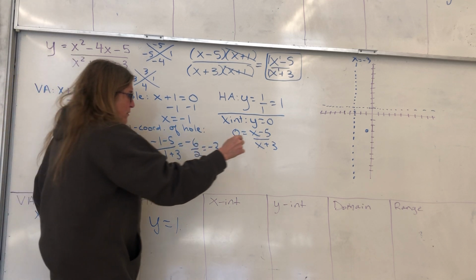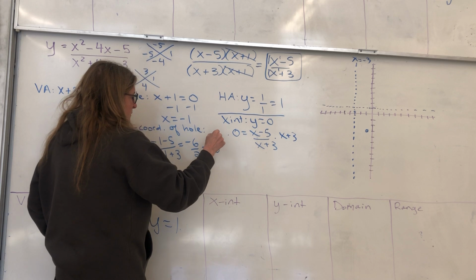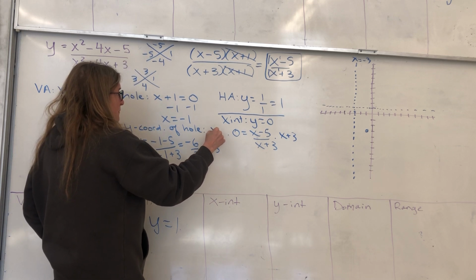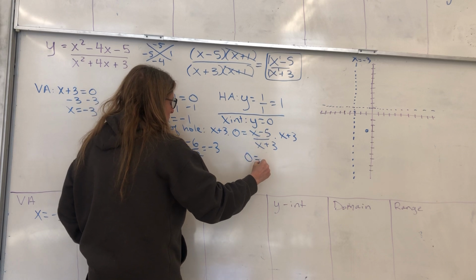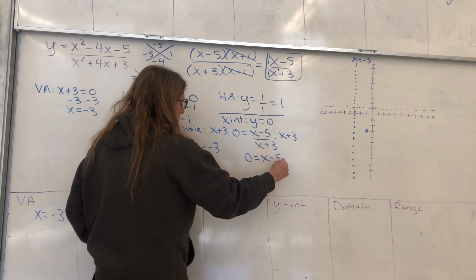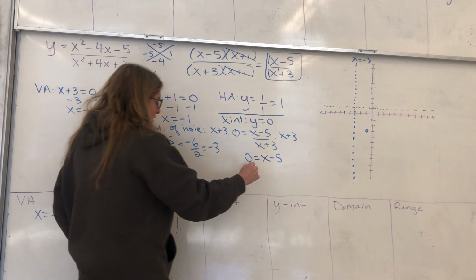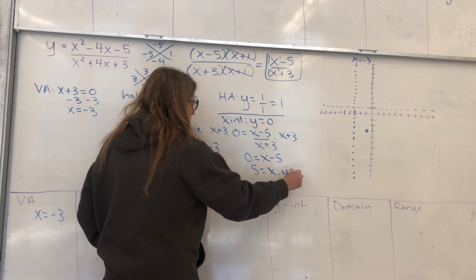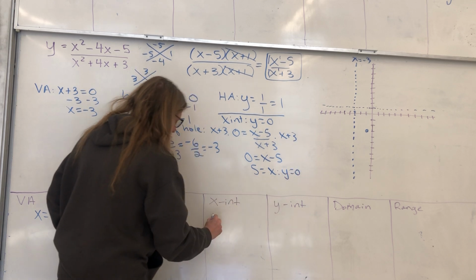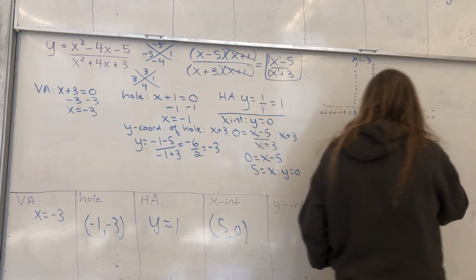So let's multiply both sides by x plus 3, and I get 0 equals x minus 5. So it looks like my x-intercept is at x equals 5, and of course we made y equal to 0. So 5 comma 0 is my x-intercept.